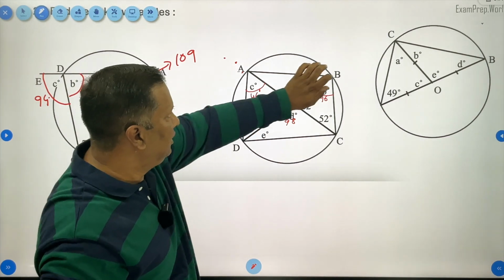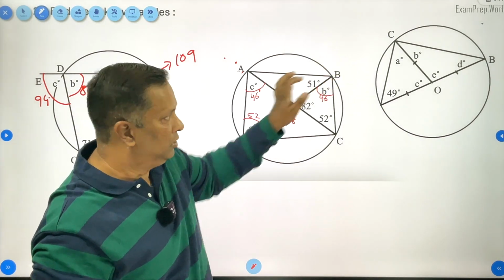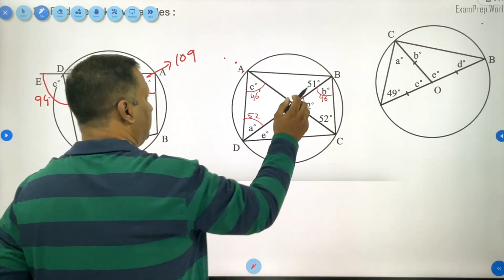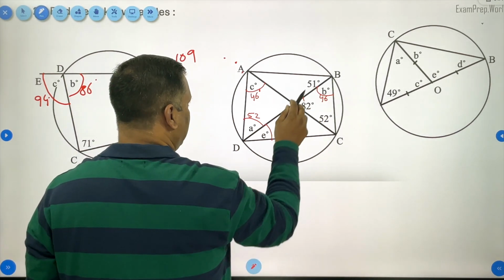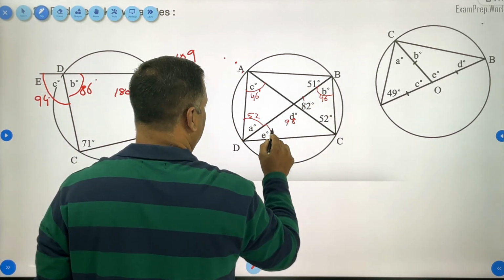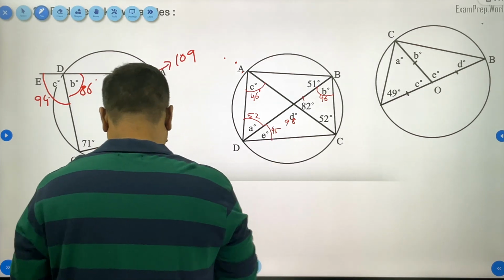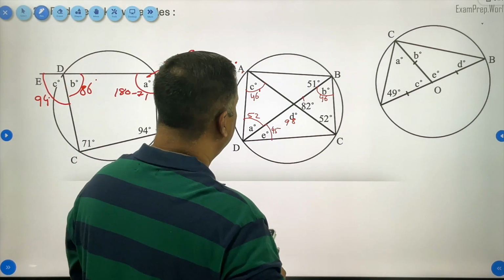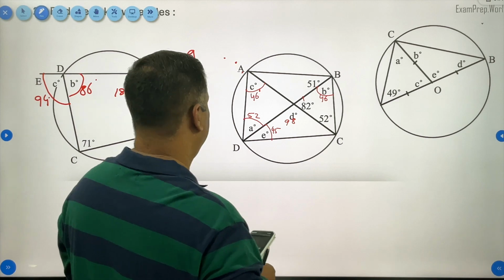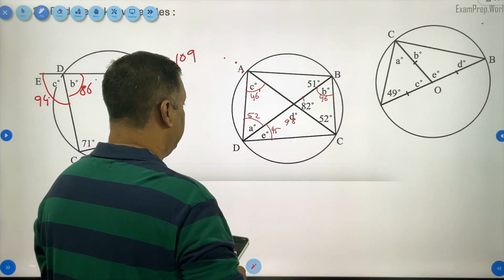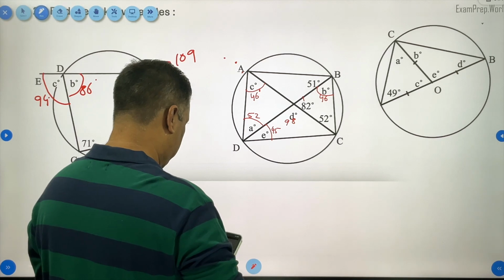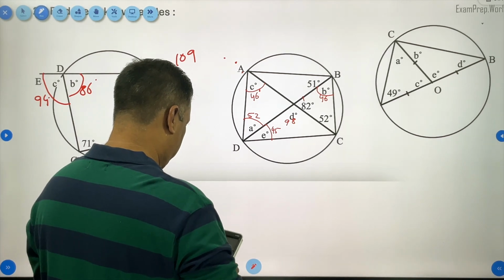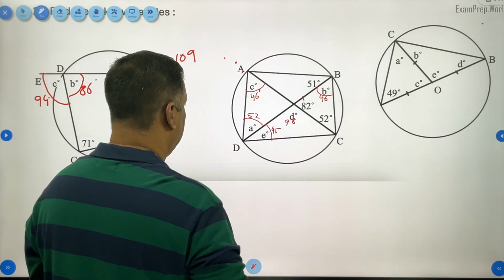This whole angle and this angle together is 180, I told you. They are angular supplementary. So 51 plus 46 and 52, and the balance is how much? If this is 51, it became 52. So 46 will become 45. E has to be 45. So let's check. 51 plus 46 plus 52, 31.